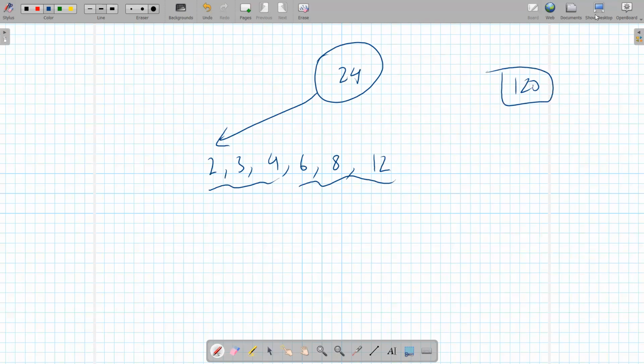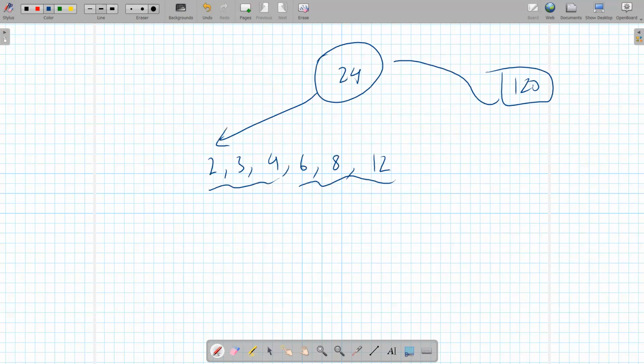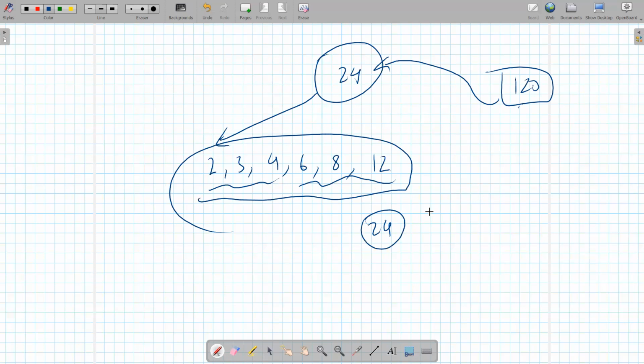120, the number that we came across here, 20 times 6, that is divisible by 24. So that means this one probably has a lot more factors. It's divisible by all of these, plus it's divisible by 24. And what else? 5, 10, 20, 30, 40, 60. You see that? These are numbers that can give a lot of problems when it comes to factoring, because there's just so many permutations of what times what.